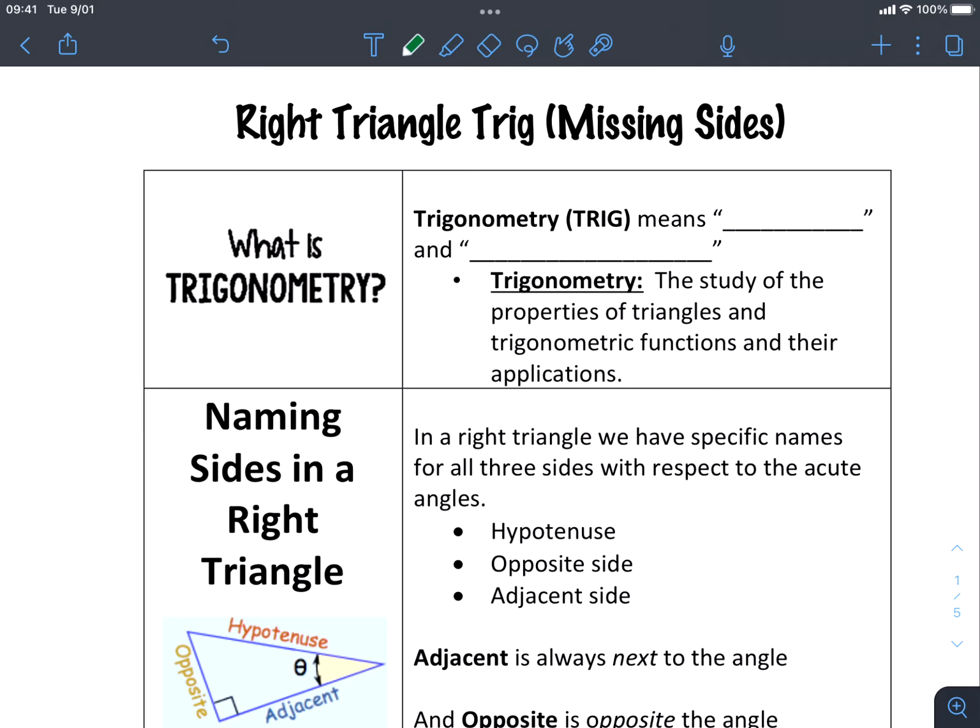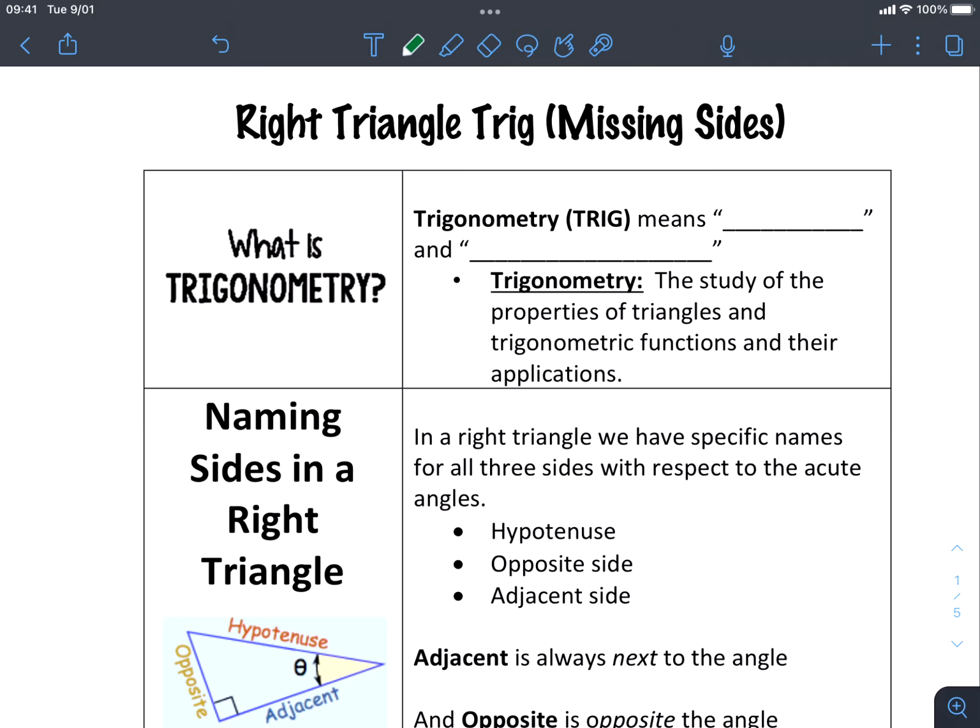All right, so now we're working on trig, and trig comes in handy when we're trying to find the measures of triangles when we're given specific information.